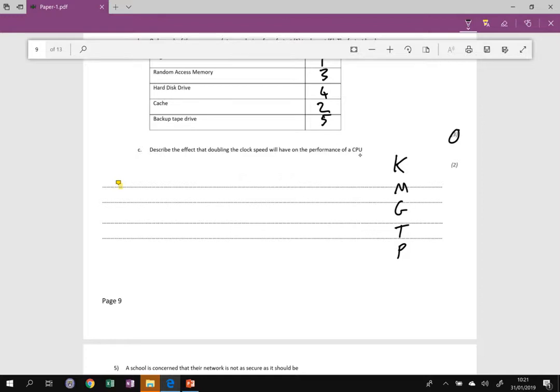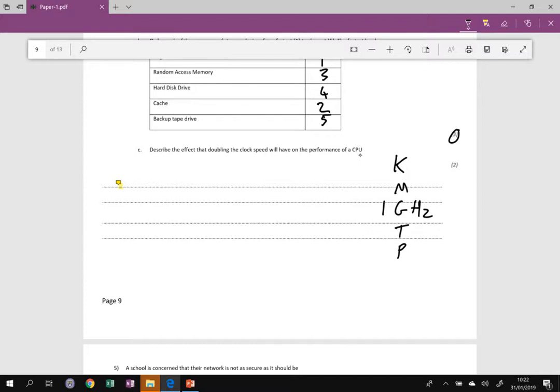KMGTP: kilo, mega, giga, tera and peta. If we have a CPU with a clock speed of say 1 gigahertz, then remember, speed is in powers of 1000. So that means 1000 times 1000 times 1000, that's a billion hertz. So 1 billion instructions every second.